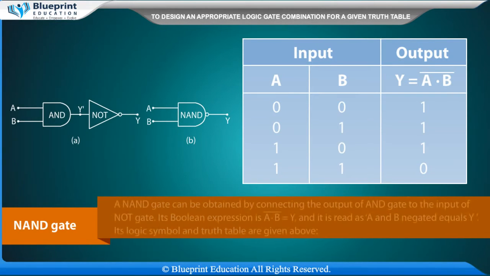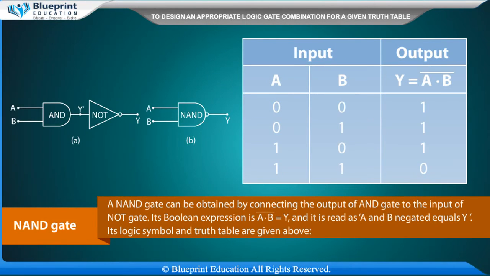NAND gate. A NAND gate can be obtained by connecting the output of AND gate to the input of NOT gate. Its Boolean expression is A dot B bar is equal to Y, and it is read as A and B negated equals Y. Its logic symbol and truth table are given above.